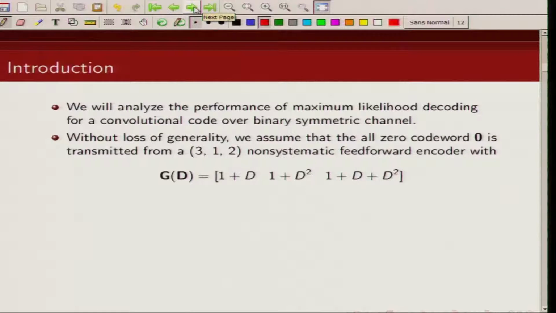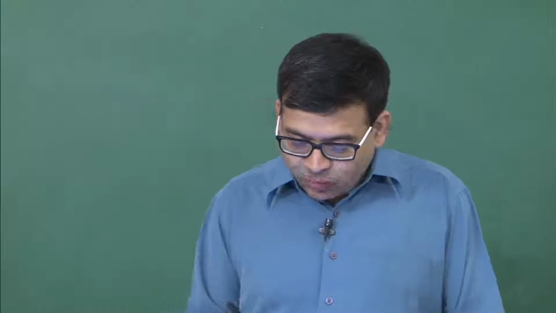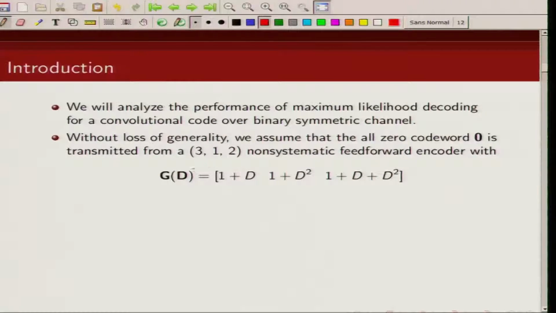As an example, we will consider one particular convolutional code. In this case, we are considering a rate 1/3 convolutional code, which has memory 2. So, it is a 4-state convolutional code whose generators are 1 plus d, 1 plus d square, 1 plus d plus d square.